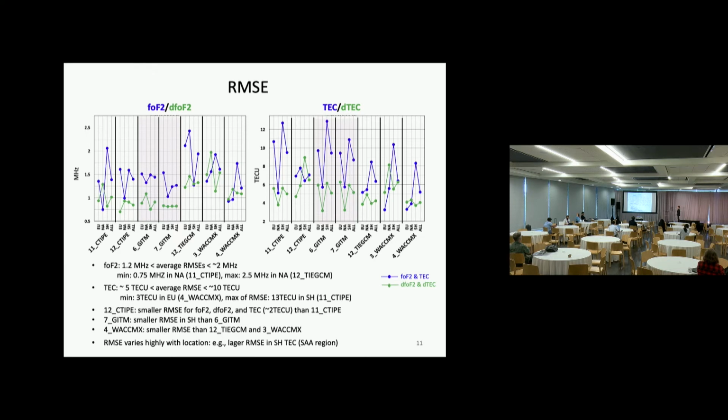Comparing WACCM-X and TIEGCM, WACCM-X with Weimer shows better performance than the others in terms of root mean square error. And root mean square error varies highly with location, with larger error in the South Atlantic Anomaly region.